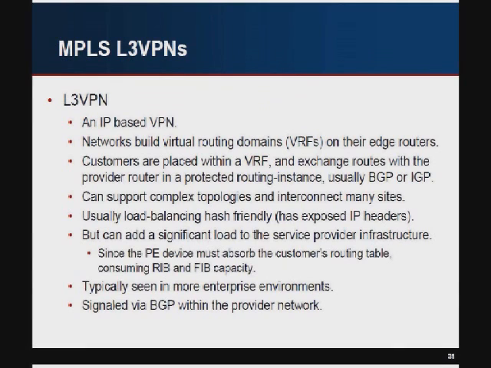The big method, and typically you see this in enterprise networks more than anything else, is L3 VPN, which is basically just an IP-based VPN. So what happens is, you as the provider, you end up building a virtual routing domain. You build a VRF on your edge router, and your customer gets placed within that VRF.